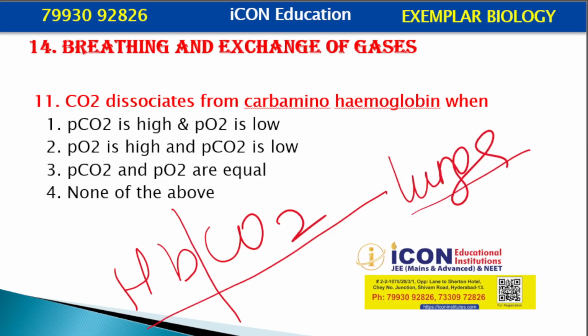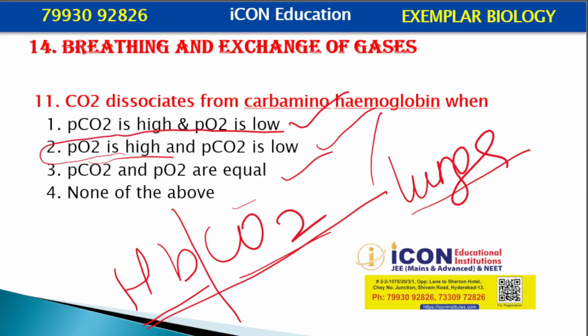So at the lungs, what kind of atmosphere do we expect? The options are: PCO2 high and PO2 low; PO2 high and PCO2 low; PCO2 and PO2 equal; none of the above. In the lungs, carbon dioxide is low and oxygen is high. So our answer is PO2 high and PCO2 low.